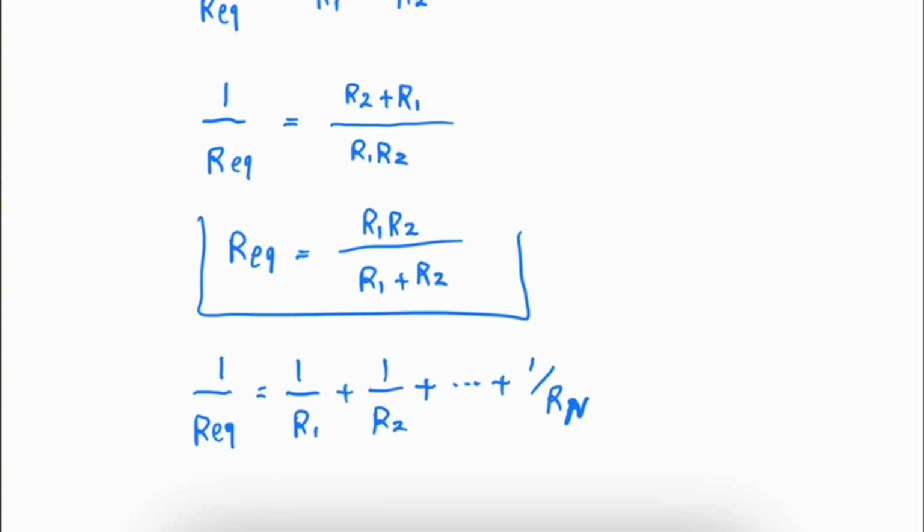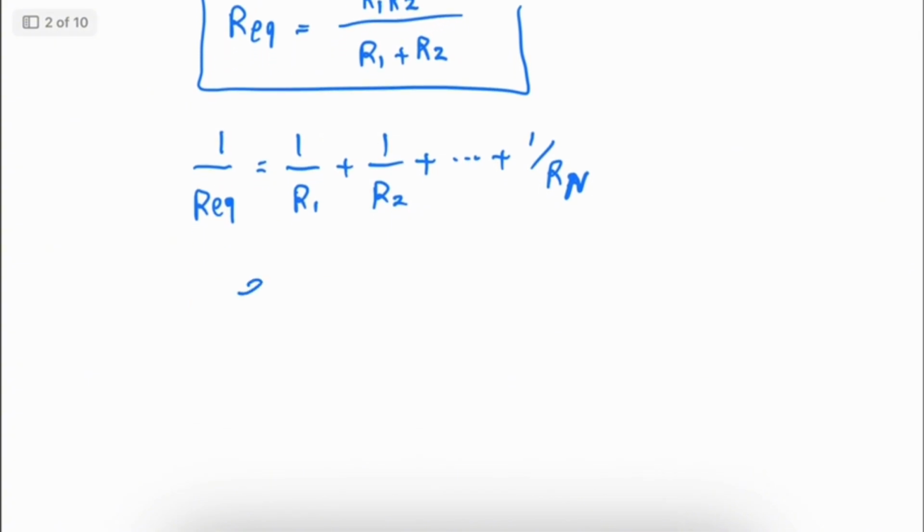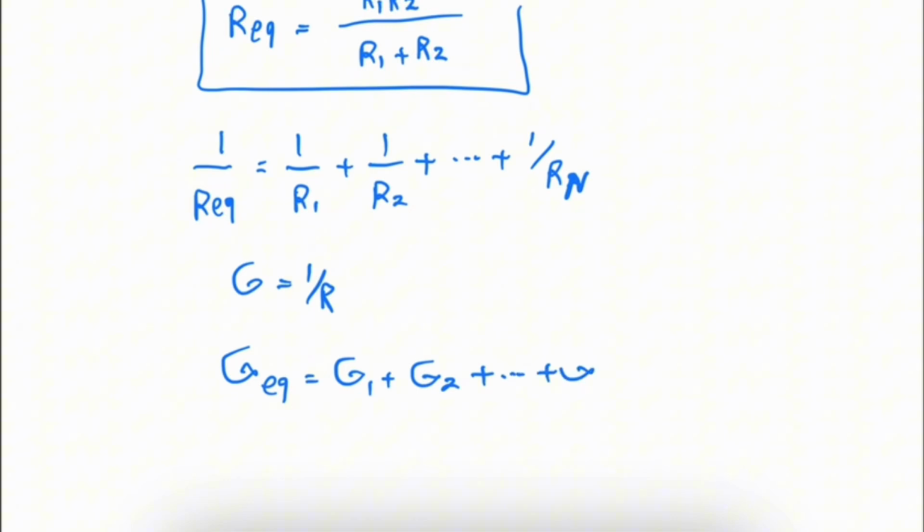Sometimes it is easier to use the conductance, where G is equal to 1 over R. Then the equivalent conductance is just the sum of those conductances. So G equivalent is equal to G1 plus G2 plus up to Gn.